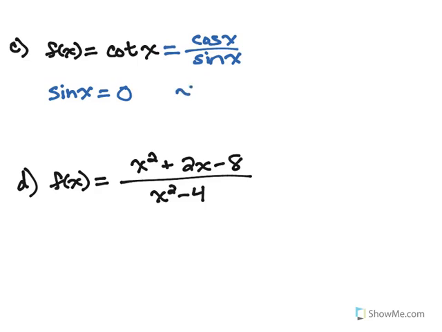So we would say when x is a multiple of pi, we will get vertical asymptotes. Which makes sense if you remember what cotangent looks like. It's periodic, and its period begins and ends with a vertical asymptote.